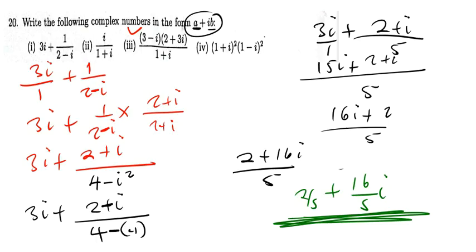Unless we have questions. Ask. If I say leave your answer in the form of A plus IB, what if your answer between the real and the imaginary has a negative?